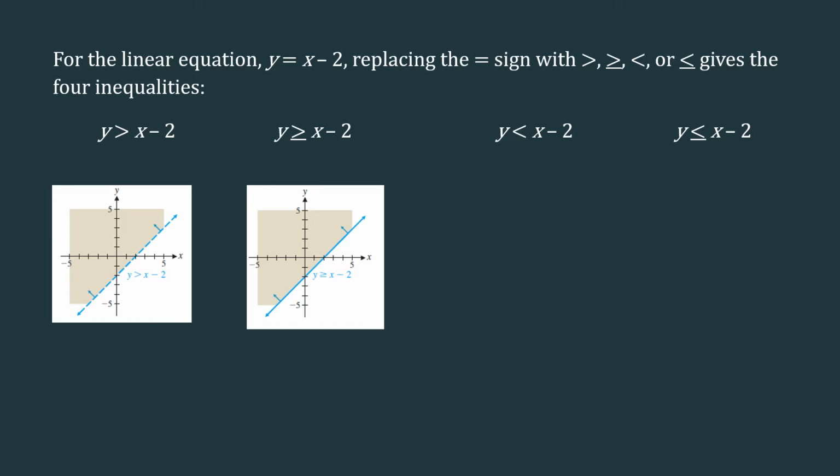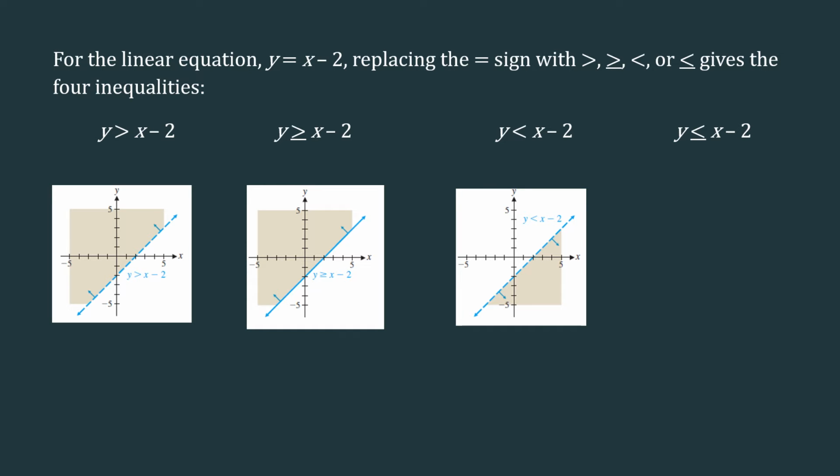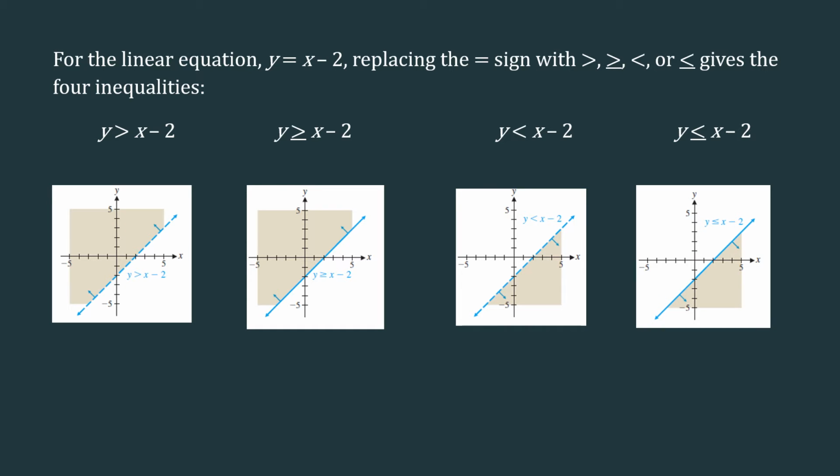So these two are upper half plane. So you are shading the upper half plane, but the difference is only the line. Here the line is not included. Here the line is included. Here it is the region above the line, and here it is the region above the line as well as the points on this line. To graph the next one, it is the lower plane, but when it is strictly less than, you use a dotted line.